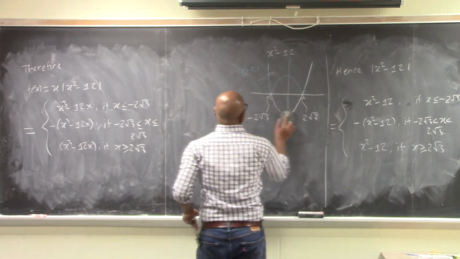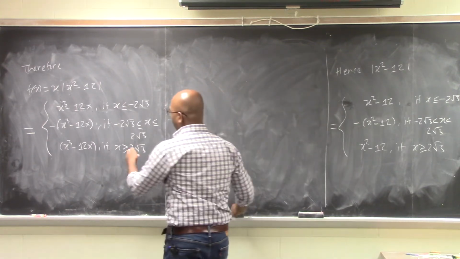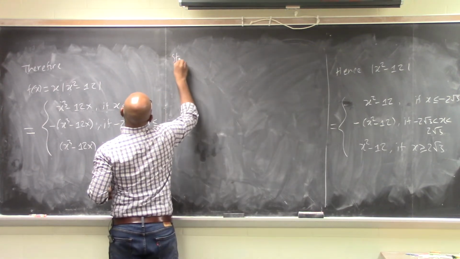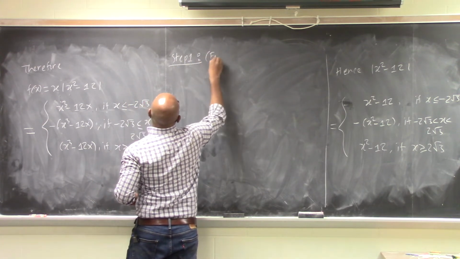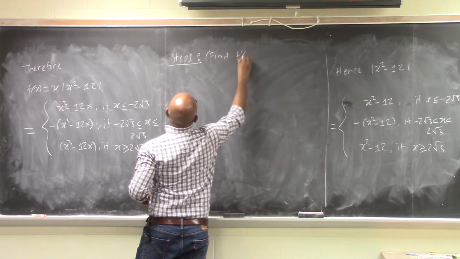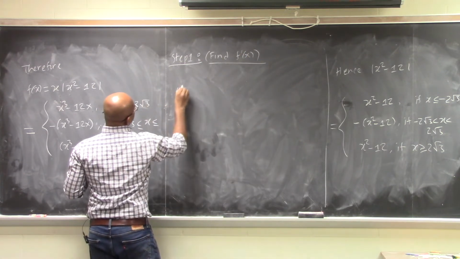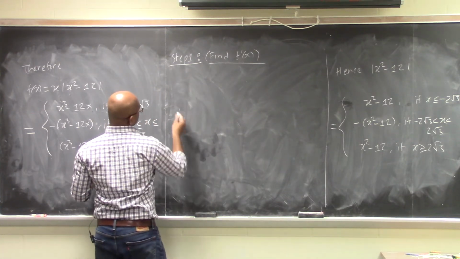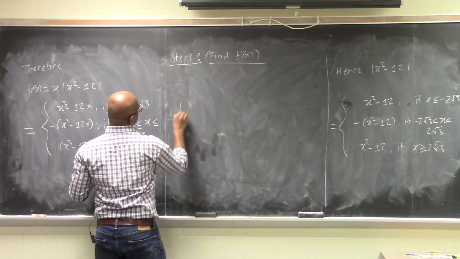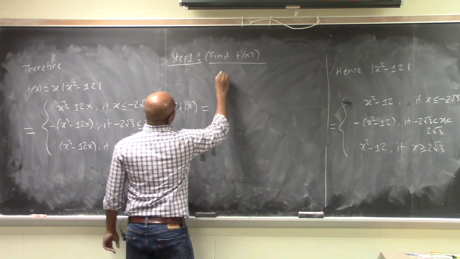All right. So this is step 1 now. Find the derivative. Okay. So then f prime of x is going to be what? Maybe I'll write it here because I have a long curly bracket.